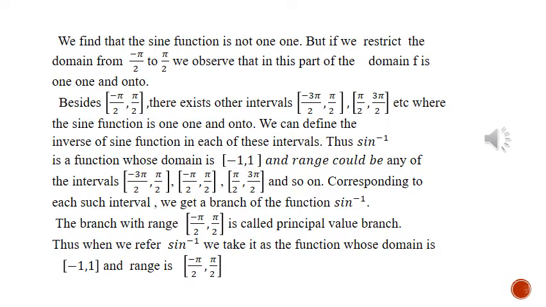Which are the subintervals? [-3π/2, -π/2], [-π/2, π/2], [π/2, 3π/2], etc. So we can find the inverse of the sine function on each of these subintervals. So what did we do here?